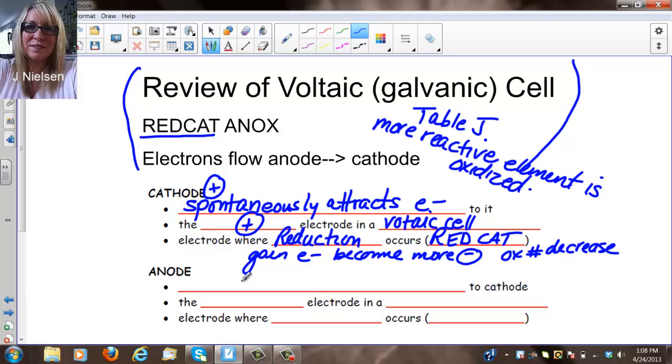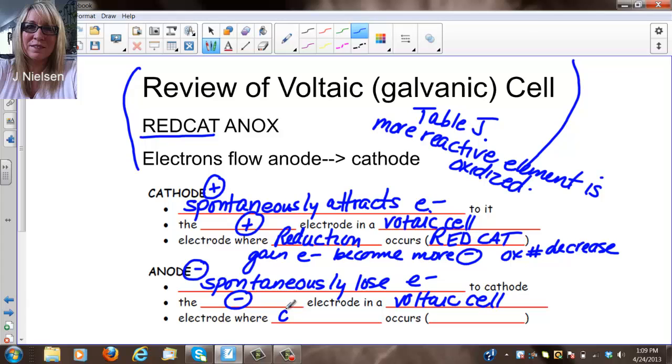The anode spontaneously loses electrons because it is negatively charged, and we know negatives repel. To the cathode. It is the negative electrode in a voltaic cell, and it is the electrode where oxidation occurs.